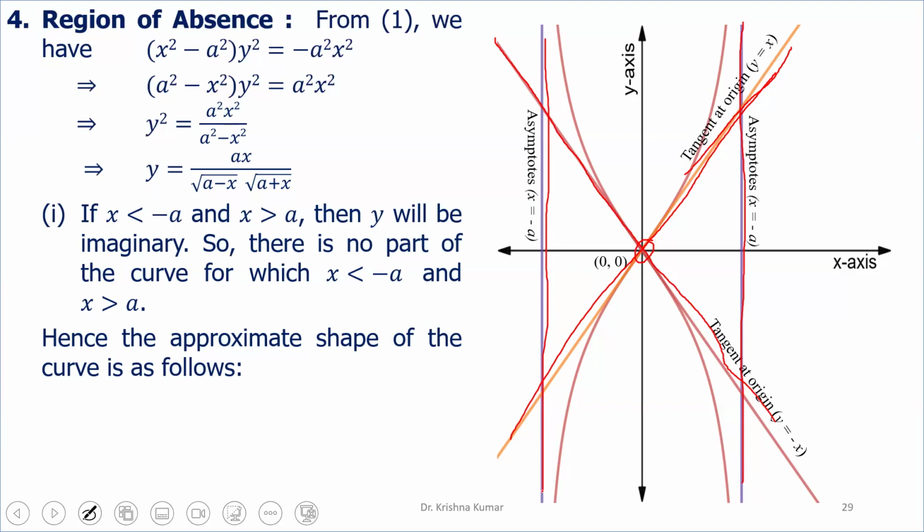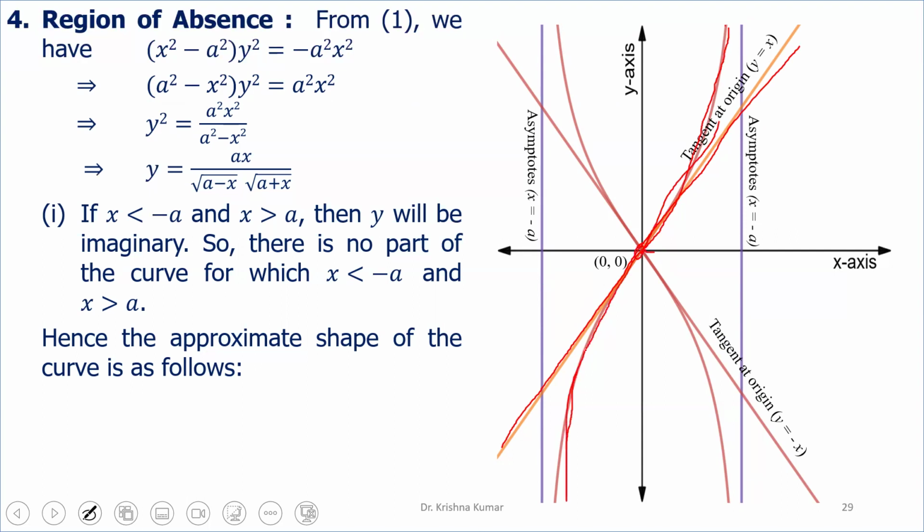Let me just start from the tangent. This is the first tangent. So the curve is like this. And now, since this is a node, what does it mean? It is a singular point.